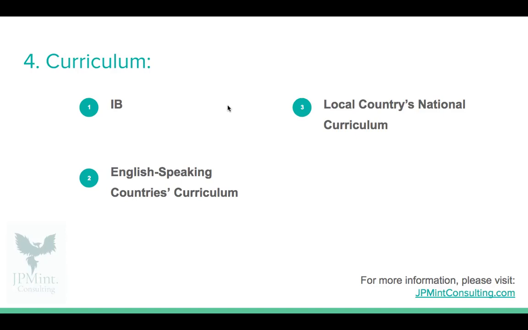Primarily we're seeing the IB, the International Baccalaureate. It's based out of Switzerland. I think many of you probably know it. It's very easy to find out more information on that, so I don't want to go too much into it, but this is kind of the gold standard of international school curriculum. But then there's also the English speaking countries' curriculum.